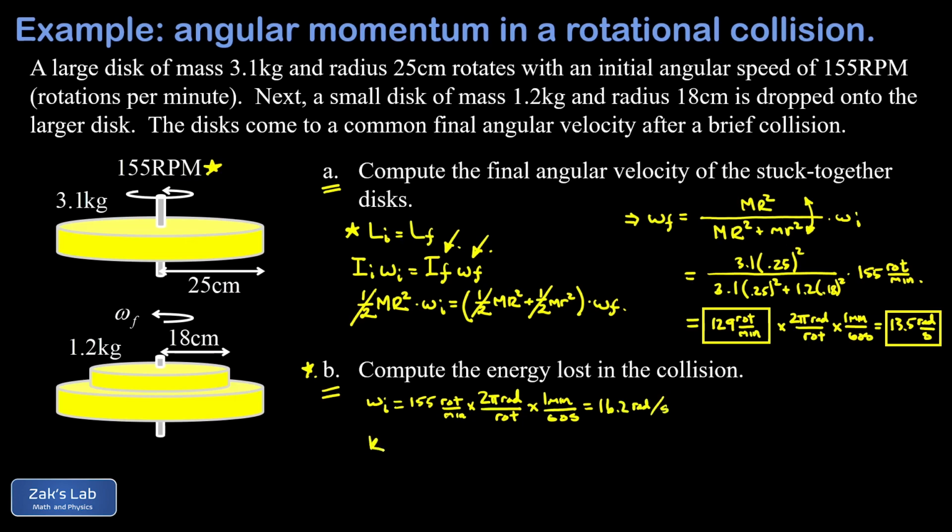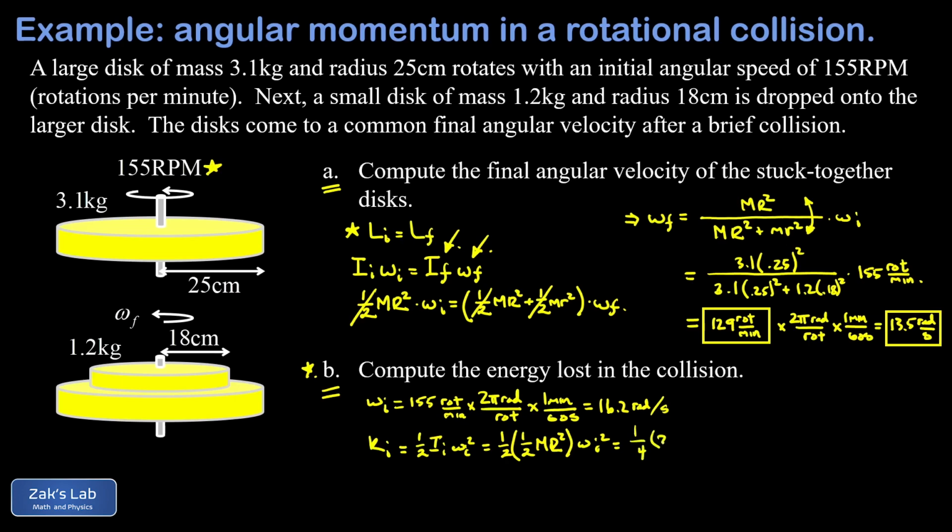So now we can get the initial rotational kinetic energy, and that's 1/2 I omega squared. So I initial, omega initial squared. And my initial moment of inertia is just the moment of inertia of that single big disk. So 1/2 big M big R squared, omega initial squared. And now we're ready to plug in numbers. So I have 1/4, just moving the two fractions together.